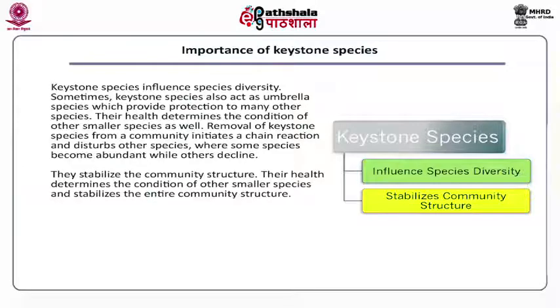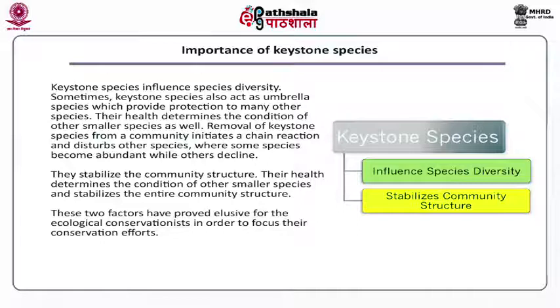Removal of a keystone species from a community initiates a chain reaction and disturbs other species, where some species become abundant while others decline. They stabilize the community structure. Their health determines the conditions of other smaller species and stabilizes the entire community structure. These two factors have proved elusive for ecological conservationists in order to focus their conservation efforts.